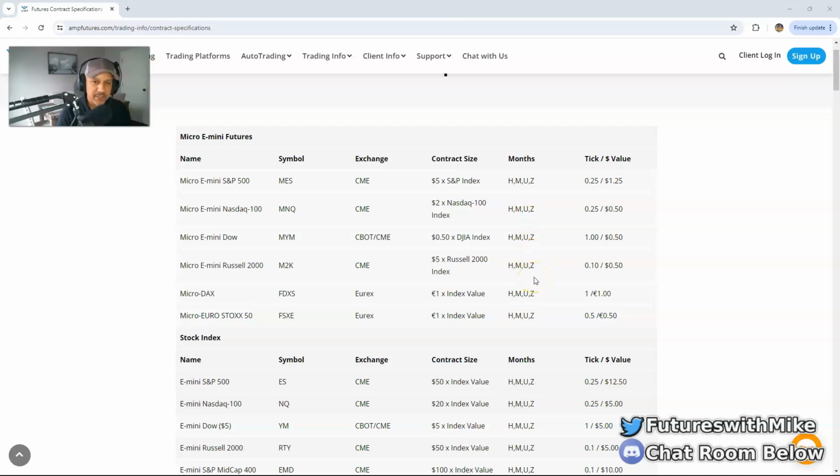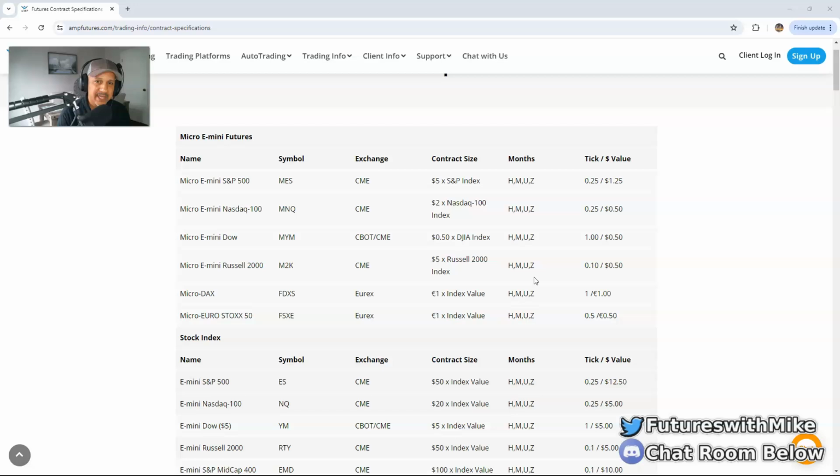There are four contract months, and each one of those, H M U Z, represents each quarter within the year. So from January to March, there's one contract. That's the H contract. Then we have April, May, June. That's going to be the M contract.